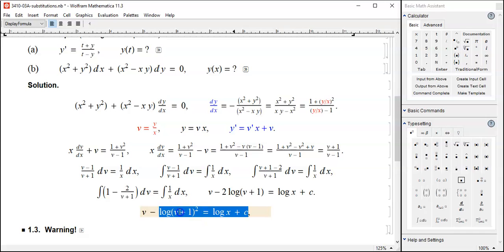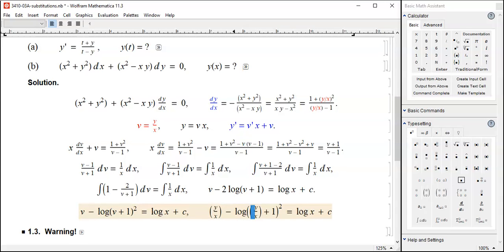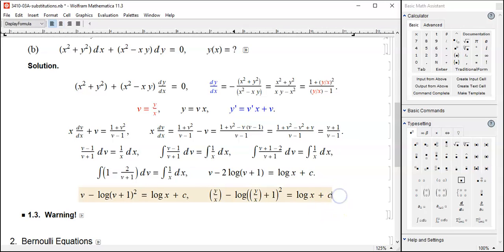So let's copy and paste this whole thing and rewrite everything in terms of y over x. And then this one is, that looks okay to me.